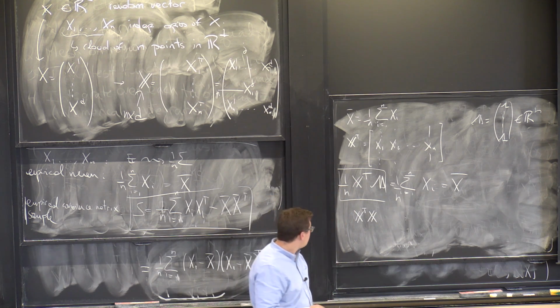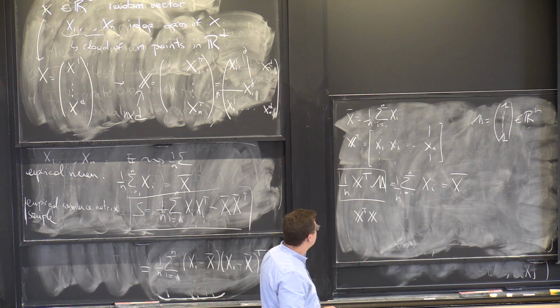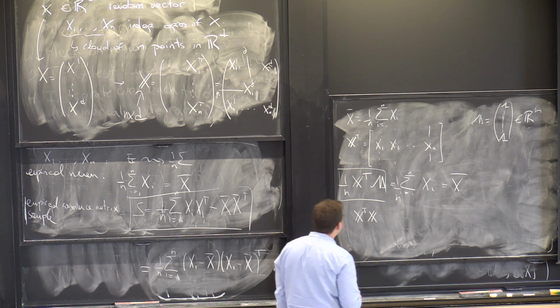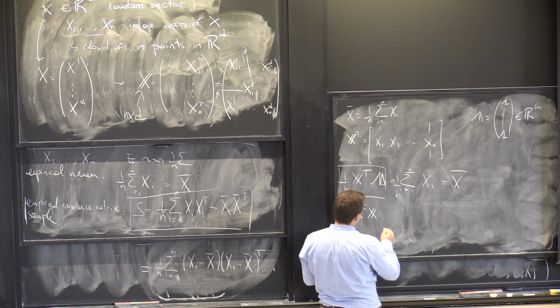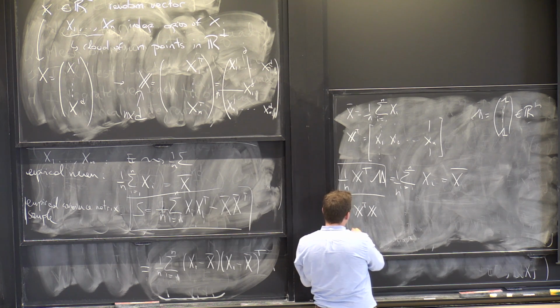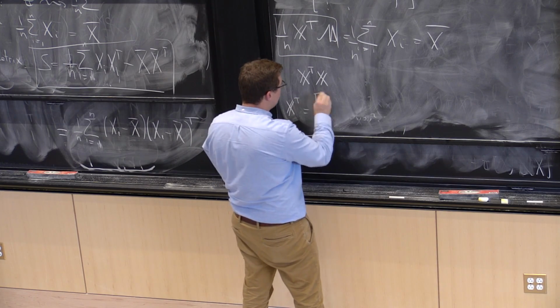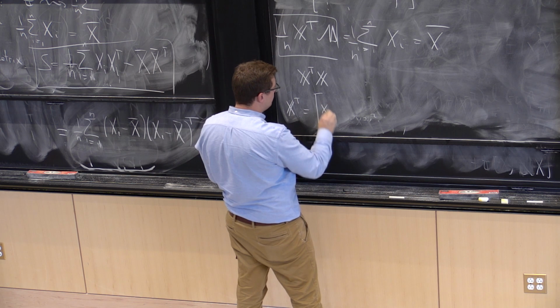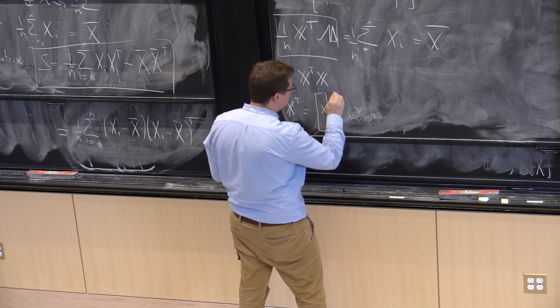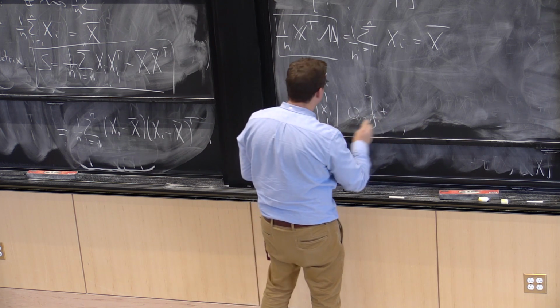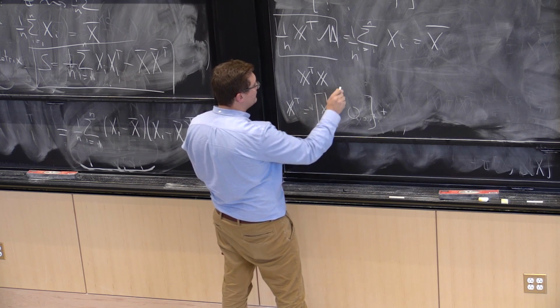I claim that it's going to give us what we want. We could check it entry by entry, but there's a nice thing we can do. Before we go there, let's write x transpose as the following sum of matrices: x1, and then just a bunch of zeros everywhere else. So it's still d by n.